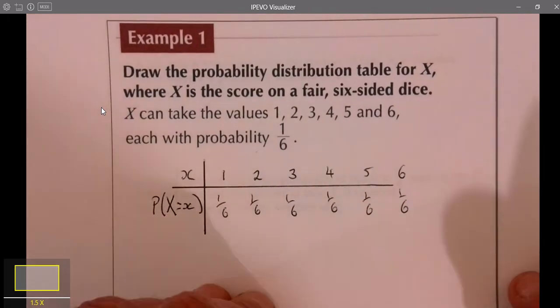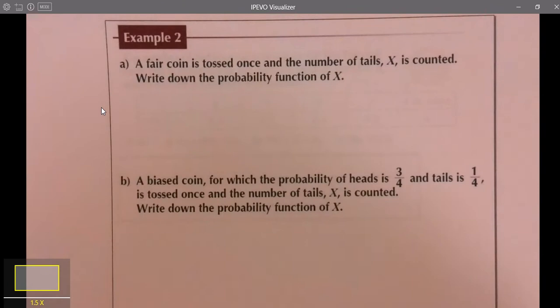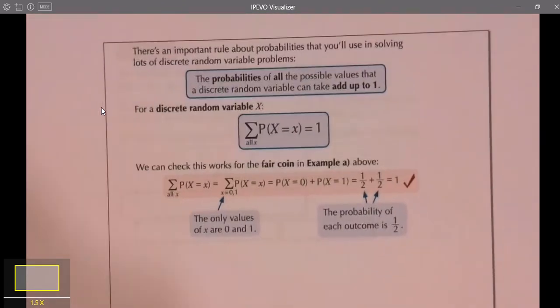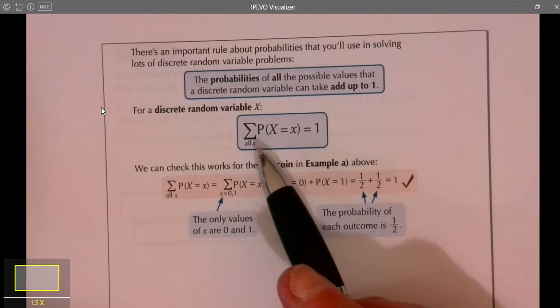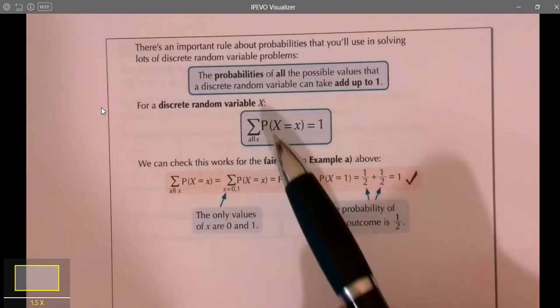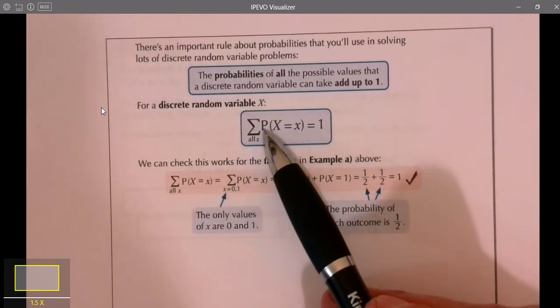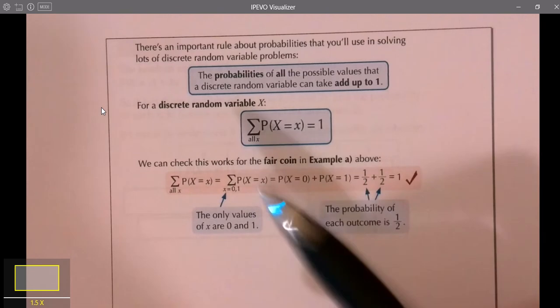All right, so let's have a look on again. There's a little bit here just to draw your attention to and remind you about. It just means that all the probabilities add up to 1.